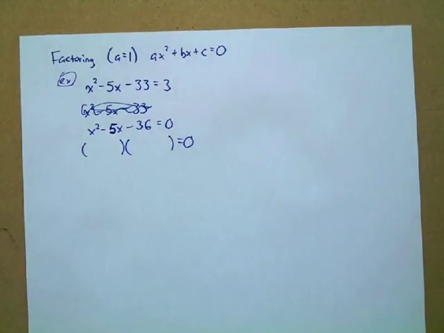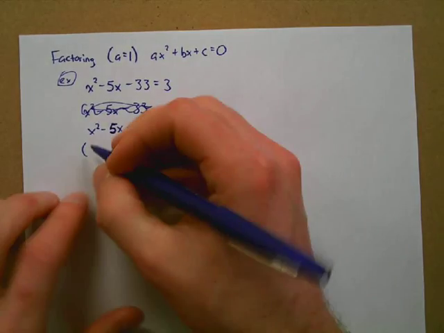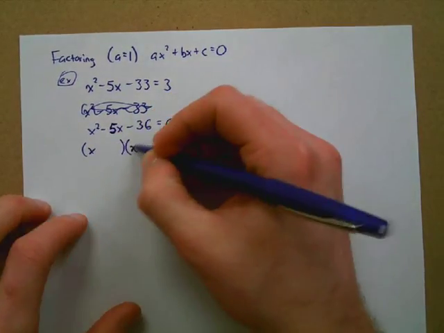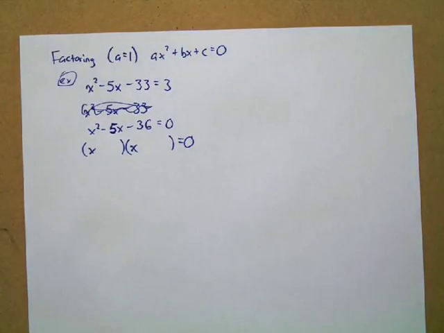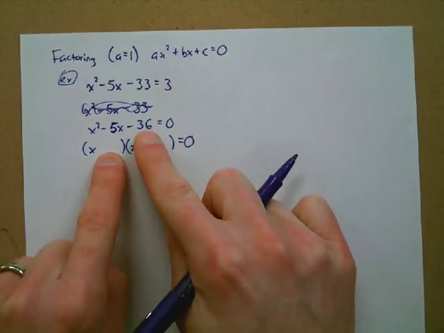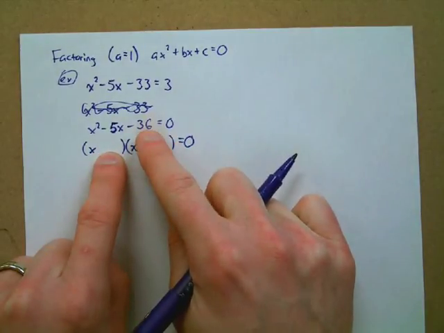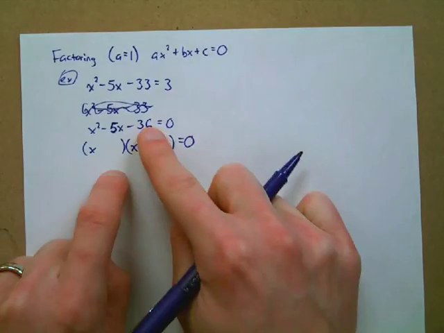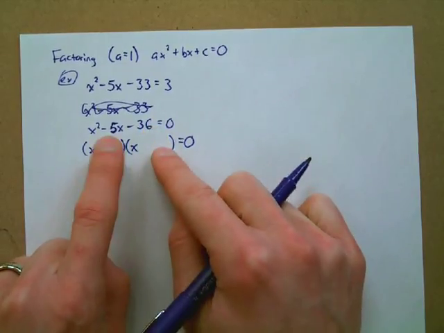Likewise, we're going to need 2 numbers here. They're going to multiply to make that negative 36. But simultaneously, they're also going to have to add, because it's going to be that number times x plus this number times x. They're going to have to combine together to make negative 5x. So in other words, we need 2 numbers that multiply to make negative 36, but add to make negative 5. So it's like a little brain puzzle-y, teaser-y thing.